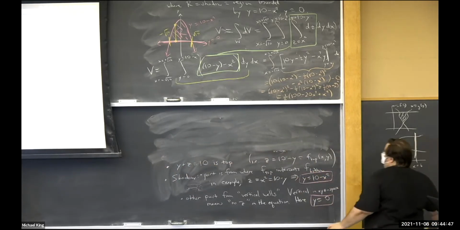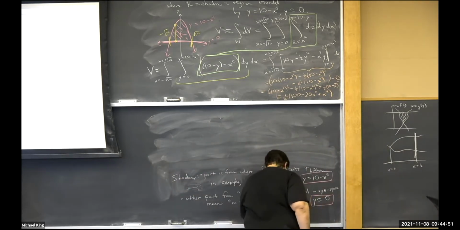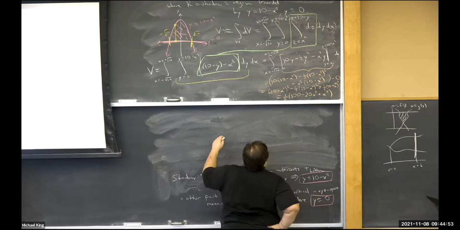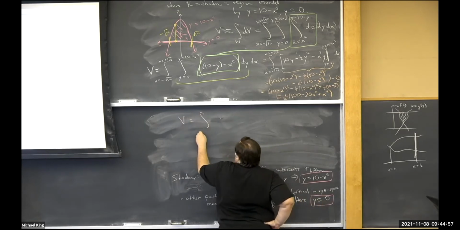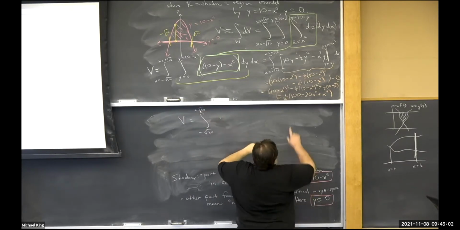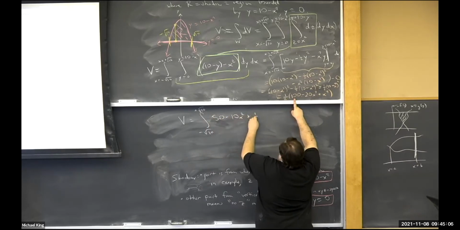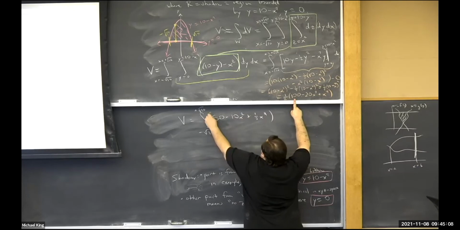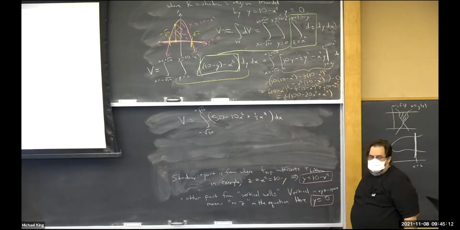Okay. Sorry, let me just finish this off. So the volume equals the integral from minus root 10 to plus root 10 of 50 minus 10x squared plus 1/2 x to the 4th dx. Are people checking me?